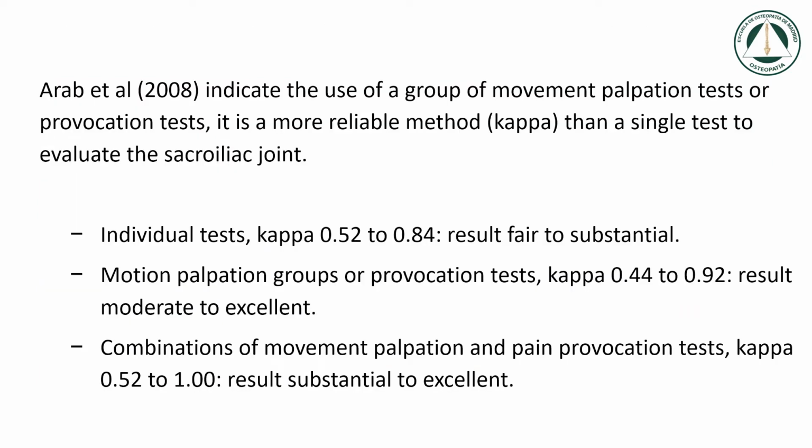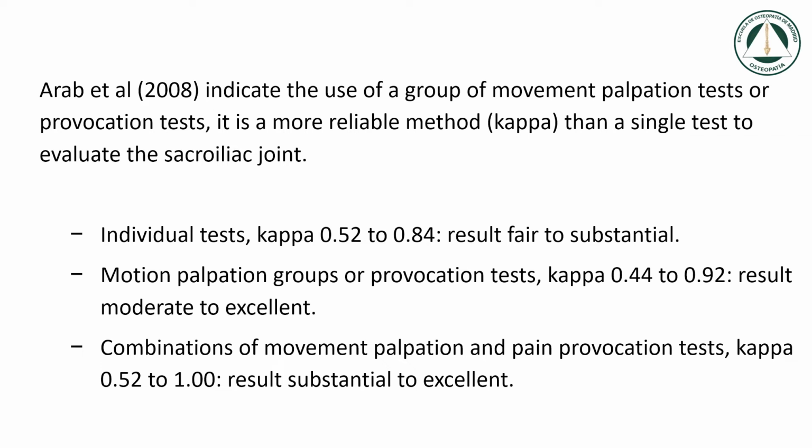Arab et al. 2008 indicate the use of a group of movement palpation tests or provocation tests. It is a more reliable method, kappa, than a single test to evaluate the sacroiliac joint. Individual tests, kappa 0.52 to 0.84, result fair to substantial.